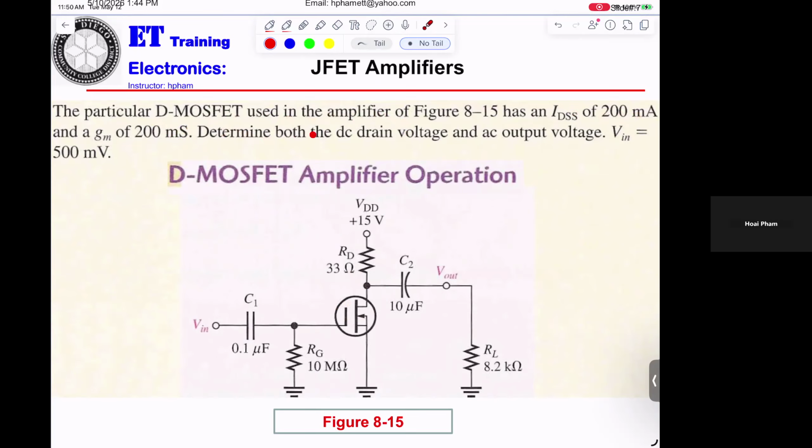Determine both the DC drain voltage and the AC output voltage. They give you Vin equal 500 millivolt.